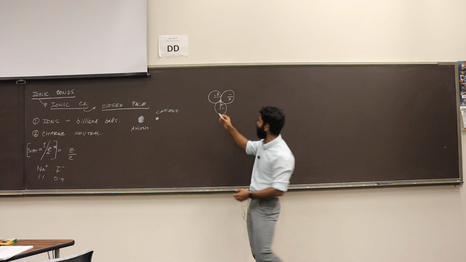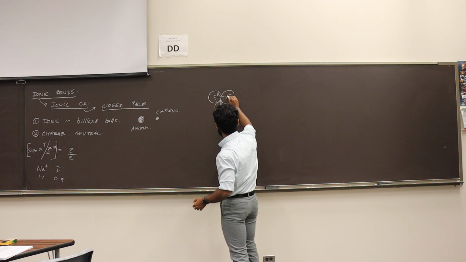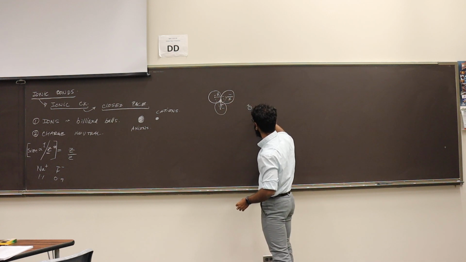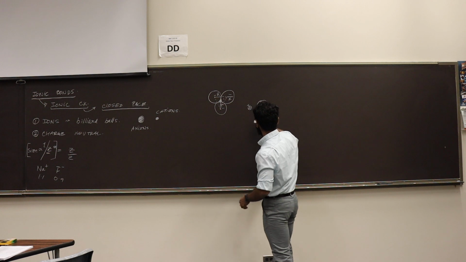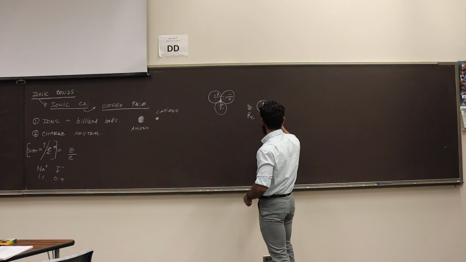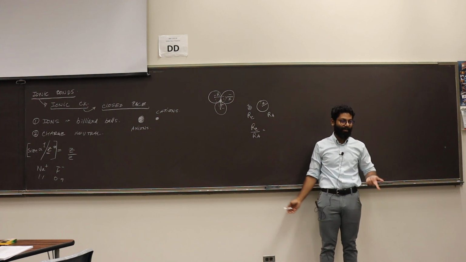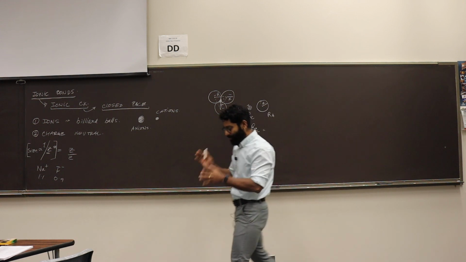So this becomes a mathematical problem in which you are trying to find out this smaller one, say small r, and this bigger one is say capital R. So this is the radius of the cation, radius of the anion. So if I'm asking you what's the ratio between the radii of the cation and the anion, this becomes a mathematical problem. Okay, so this is what I want you guys to think about.